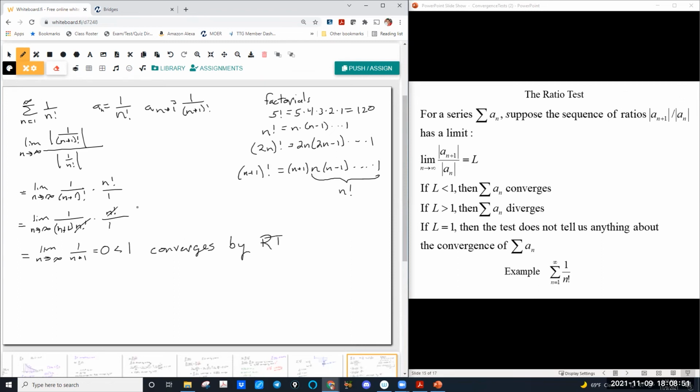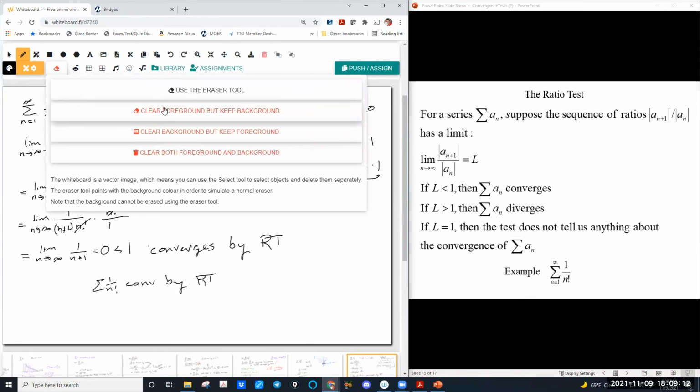And actually, I should probably write the series in there. Let's rewrite that: the series of 1 over n factorial converges by ratio test. Because it's not this part that converges by the ratio test, it's the initial series that we're calculating.